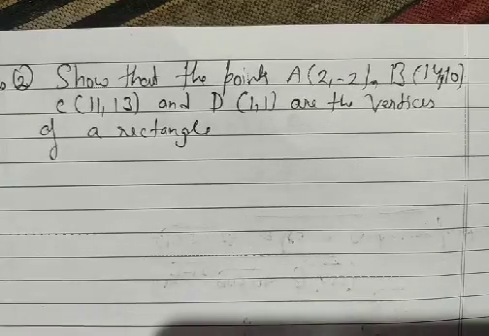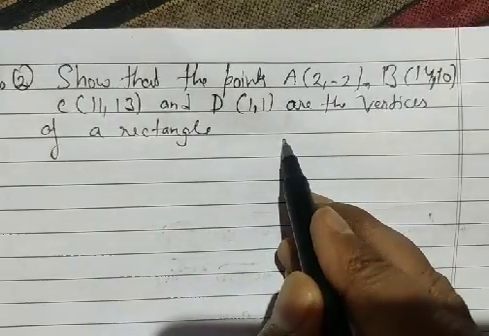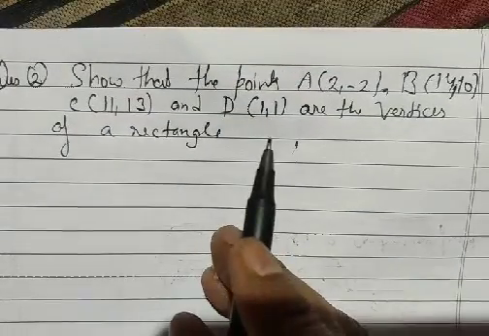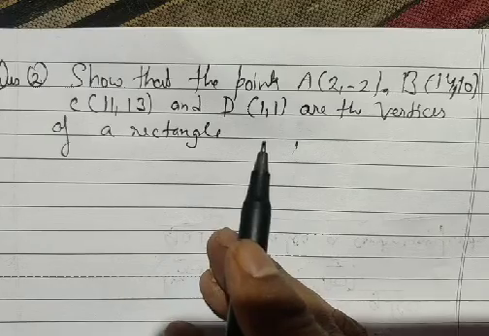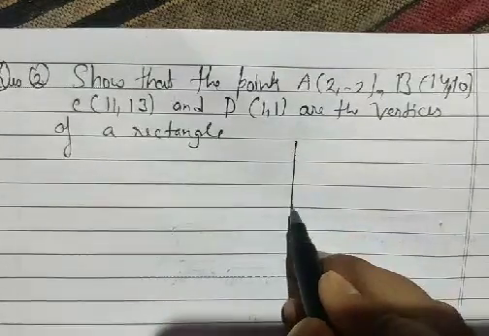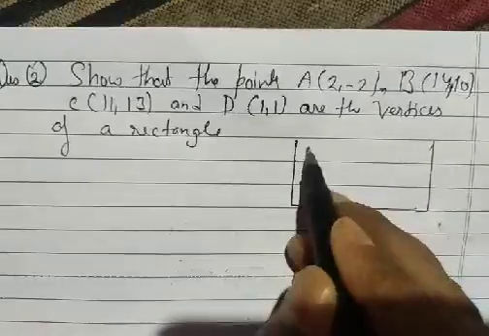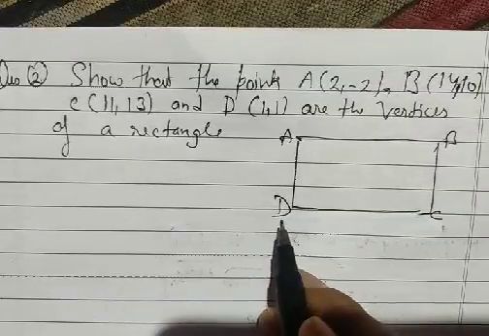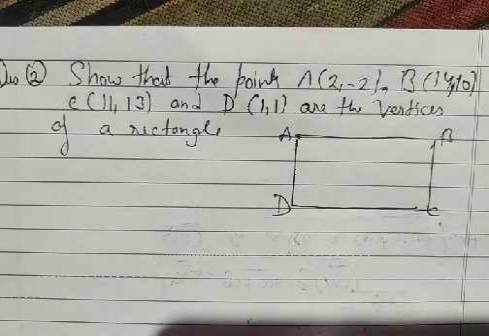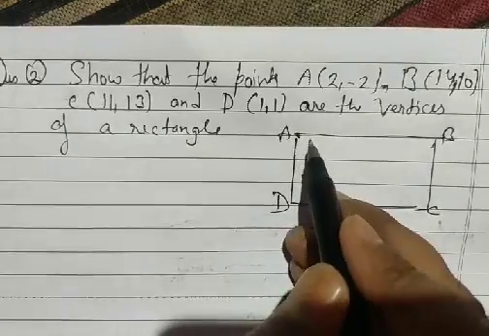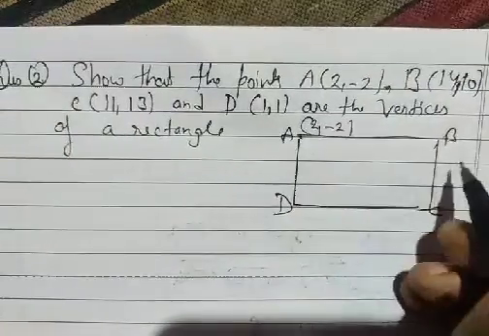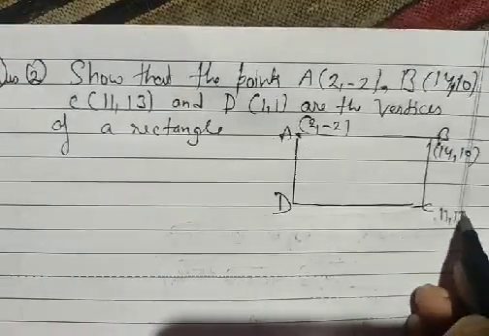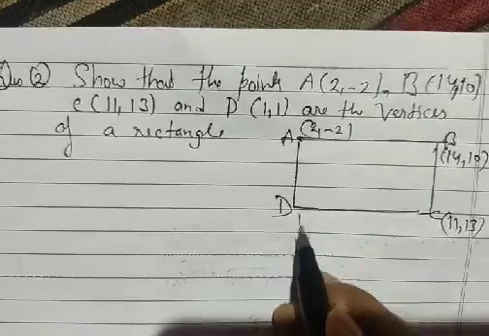Then again we are going to draw a rough figure ABCD, taking the vertices A as (2, -2), B as (14, 10), C as (11, 13), and D as (1, 1).